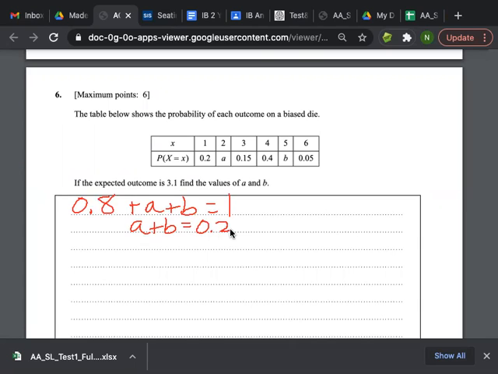Go ahead, Rohan. If you do the expected value, you get this equal to 3.1, right? So I also have that 3.1 is equal to 0.2 plus 2A plus 0.45 plus 0.64 plus 5B. Wait, would it be 0.16?